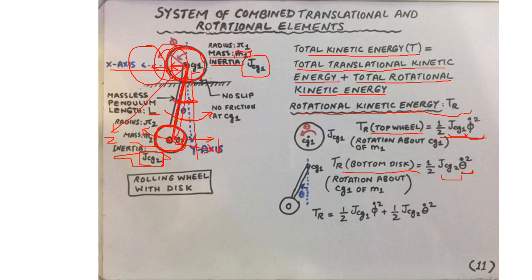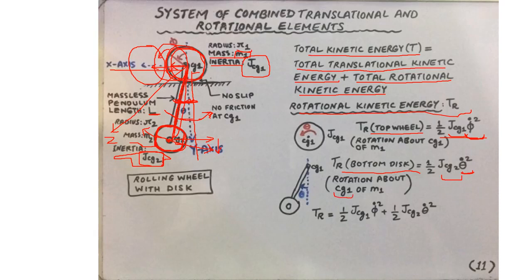So theta dot squared, rotation about the z-axis, which is connected with the x-axis and y-axis at CG1.